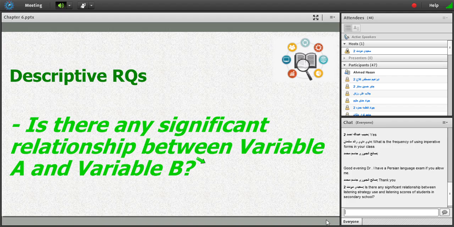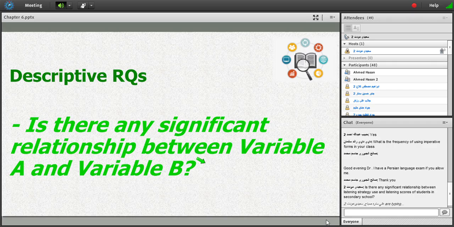For example, you want to check whether there is a significant relationship between teachers' income, the money they gain, the salary, and their satisfaction with their job. So you would write something like this.